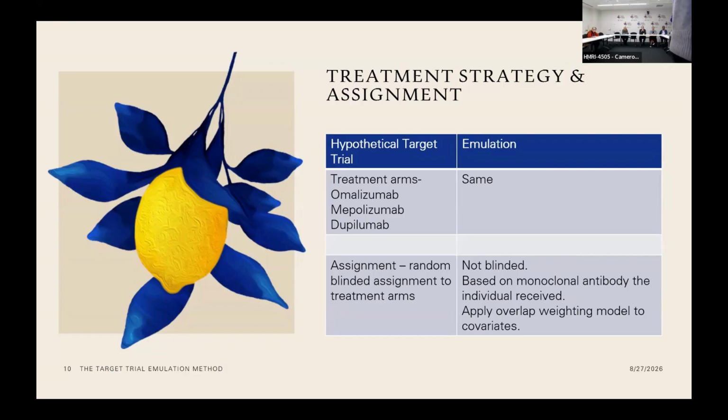So what they've said is we base it on the monoclonal antibody that the individual received, which is obviously decided by the doctor. And then they apply an overlap weighting model, which is essentially a propensity score method, to the covariates to try and balance it.